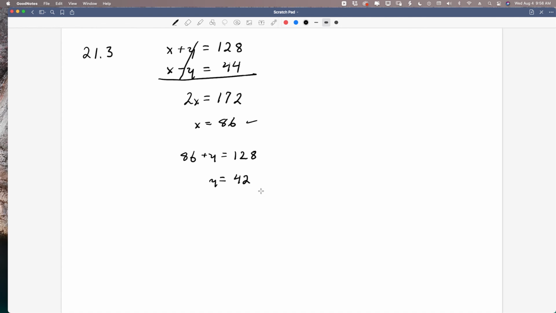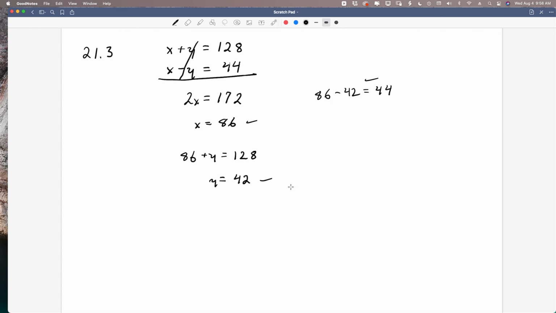So now we have both numbers. Easy peasy. Now the way to check that and make sure is to sub these numbers in for the second fact that we're given, which is that their difference is 44. So if we sub in x as 86 minus y, which is 42, is their difference 44? Yes, so that's correct. So we know we found the right numbers.